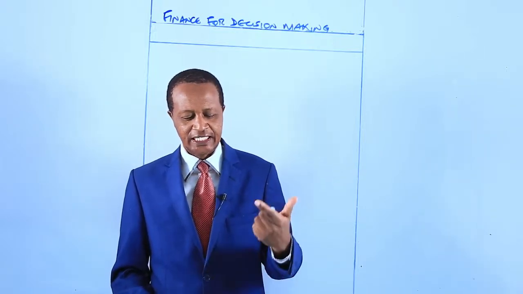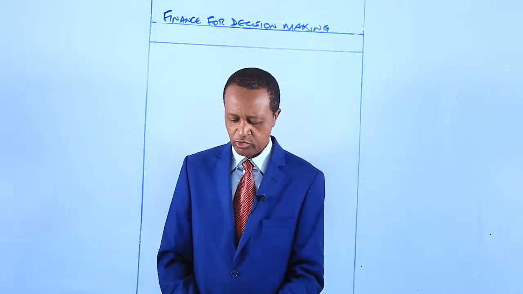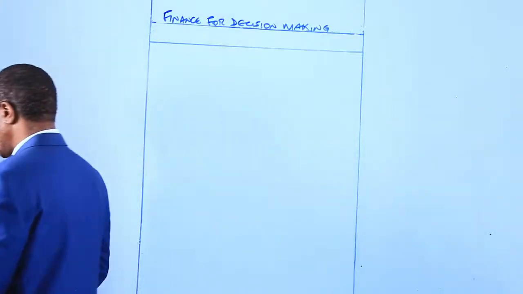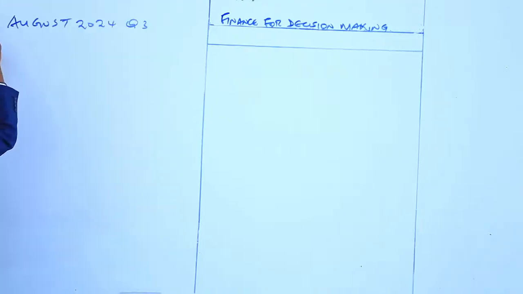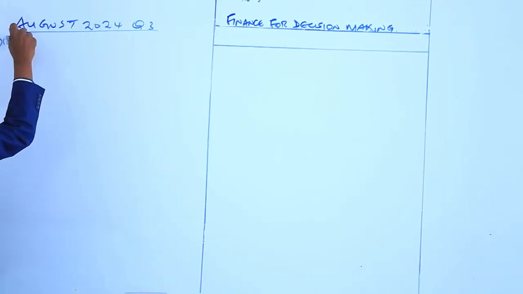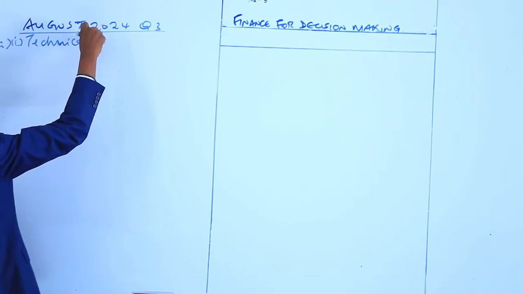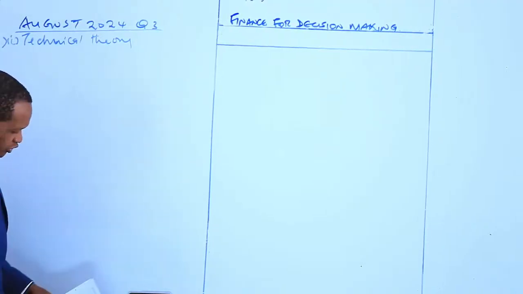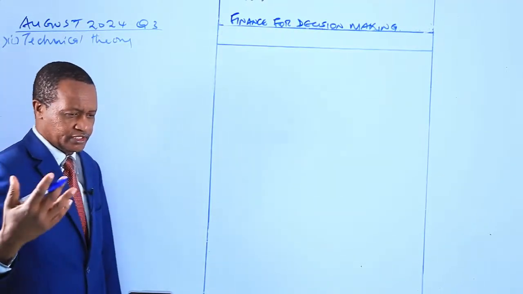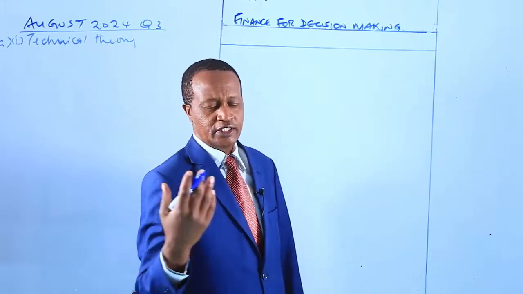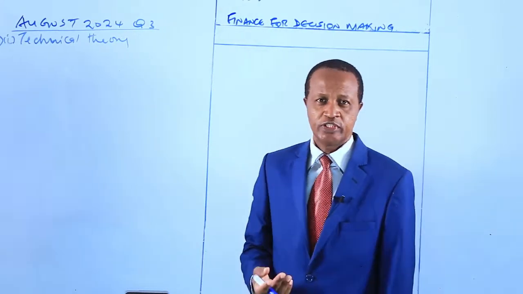The first one is technical theory. What do we mean by technical theory? Just 2 marks. Technical theory is one of the 3 stock valuation theories.